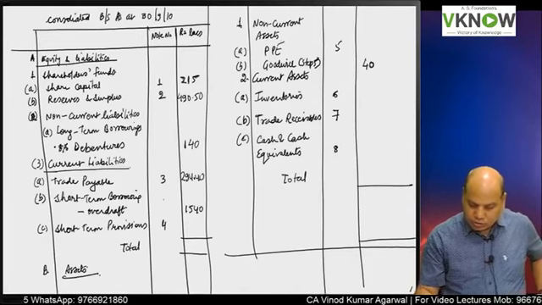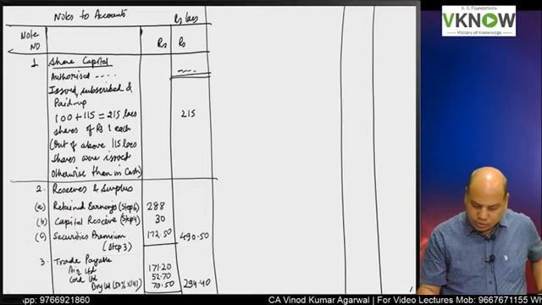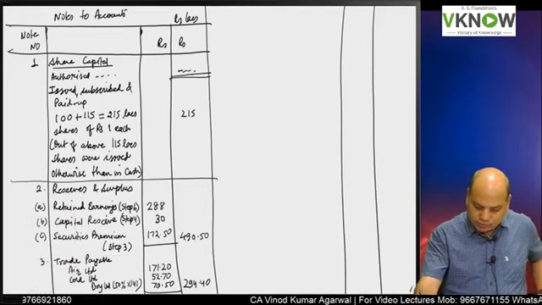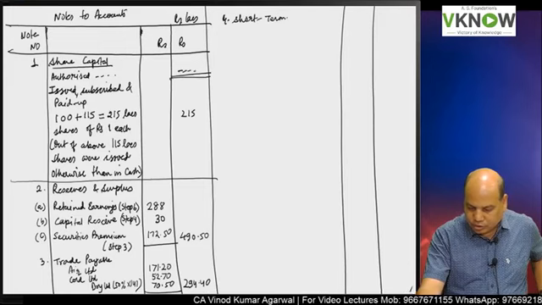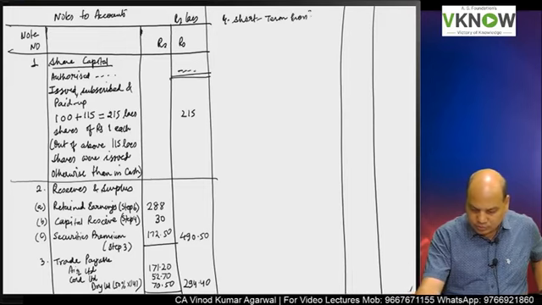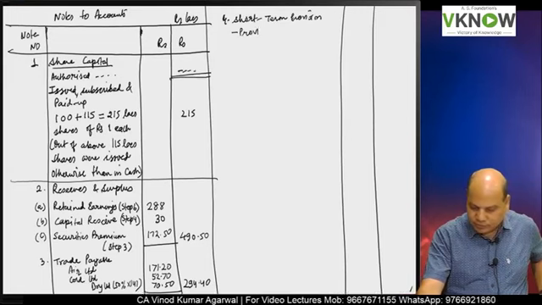294.40 is right. Trade payable 294.40. And now note number 4, short term provision. Under that you write down provision for taxes.